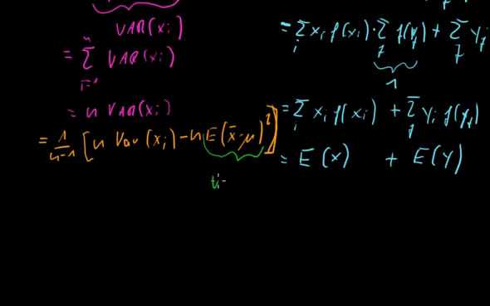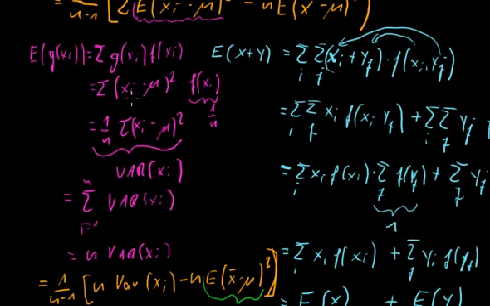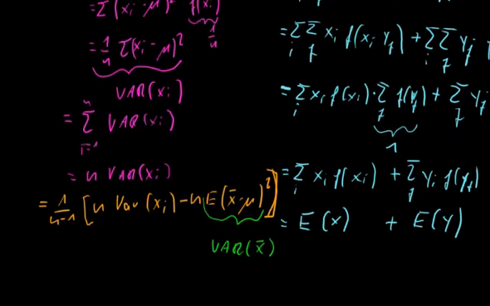This is the variance of the average. And yeah, again, just with the same steps we made here. Instead of xi, we said x the average, and continue, and we get the variance of the average.